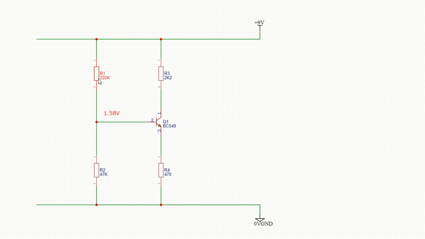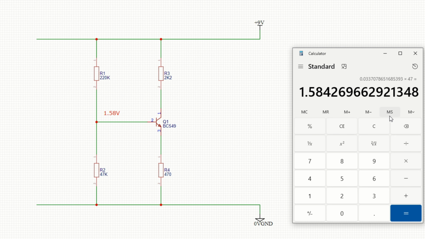Now that resistor could be a bit higher, or that one a fraction lower, to get it nearer 1.2 to 1.4. So I mean, I don't know what it would be like with 270k there. Go back to the calculator.